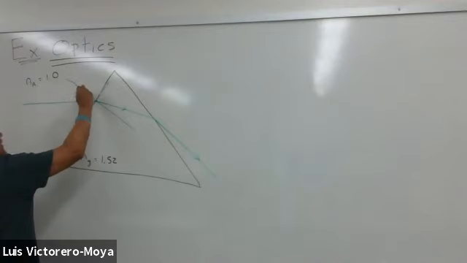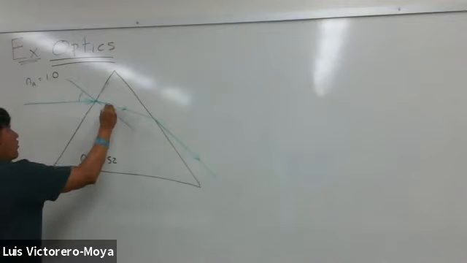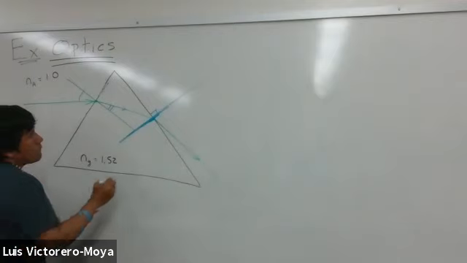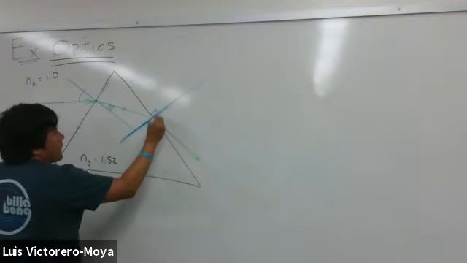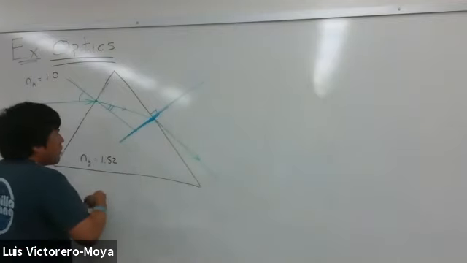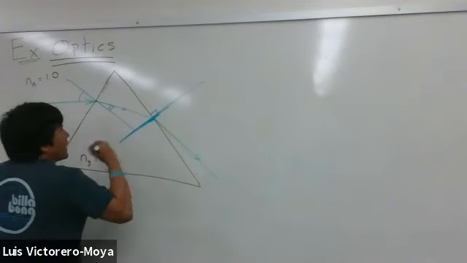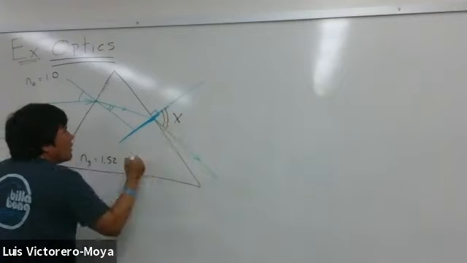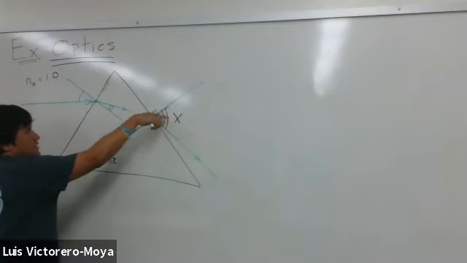I have an angle of incidence, and then I have an angle of refraction. But if I draw the normal here, which is 90 as well, there is a big angle of refraction here. This angle here has to be large. That's the angle X, because the refraction is between this and that.